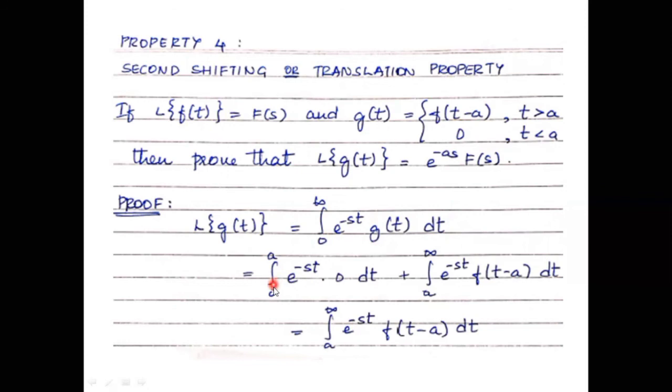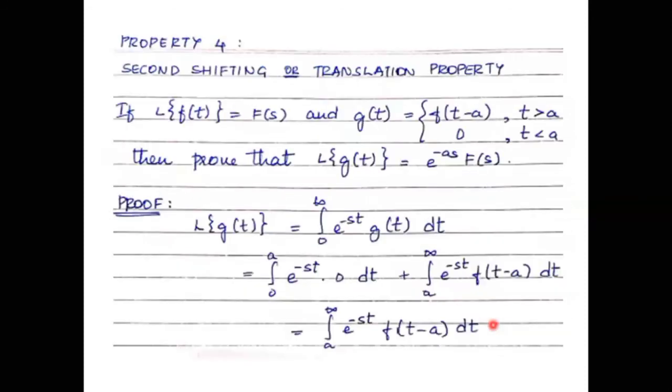T less than a means from 0 to a, and from 0 to a, g of t is 0, so I've written 0 here. For t greater than a, that is from a to infinity, it is f of t minus a, so I have written that function here in place of g of t in this interval. This part vanishes because there is a 0 here, and you are left with only the integral from a to infinity of e power minus st f of t minus a dt.